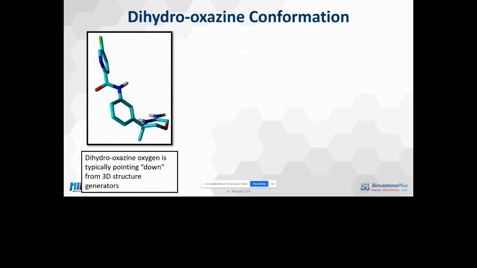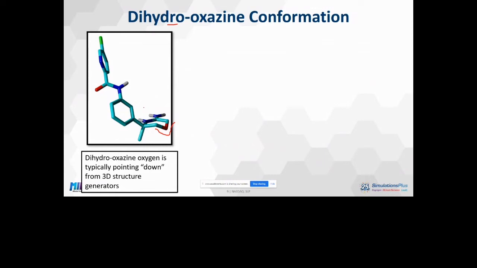So I'm going to be docking compounds with a moiety called a dihydro-oxazine ring in it, and that's shown down here. The oxazine is basically a six-membered ring containing nitrogen and oxygen, and typically oxazines would have two double bonds in it. These only have one, so it's a dihydro. Most 3D conformer generation programs will generate the conformation of this ring in a chair conformation where this oxygen atom points down away from this phenyl ring.